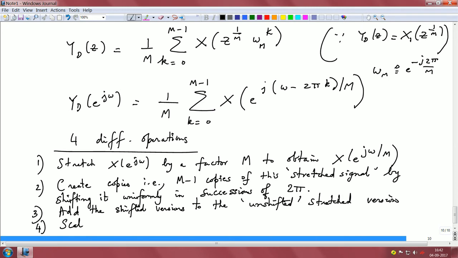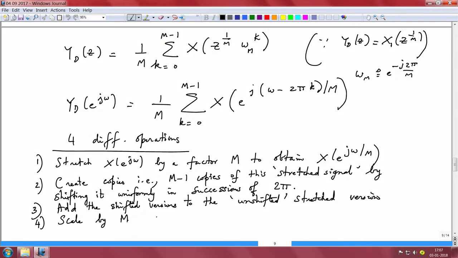Last we scale by a factor of m. Well, this is a scale down by m, which is basically you multiply by a factor of 1 upon m. Okay.